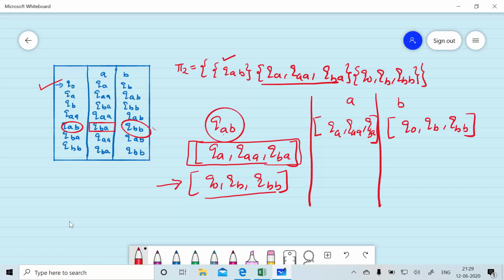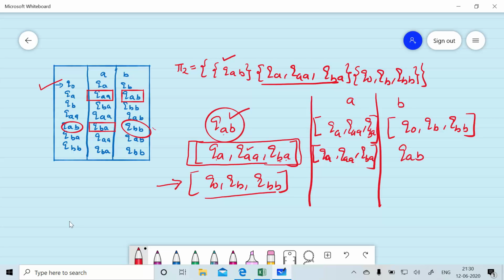Now we observe QA, QAA, QBA under A. QA under A goes to QAA, which is present in this set, so on reading A we move to QA, QAA, QBA. Under B, it is QAB, our final state, so we write QAB.